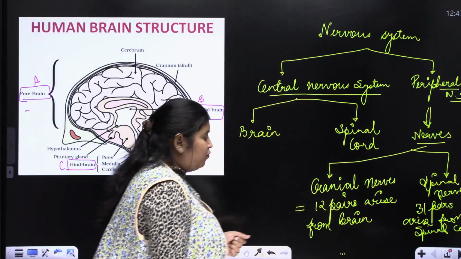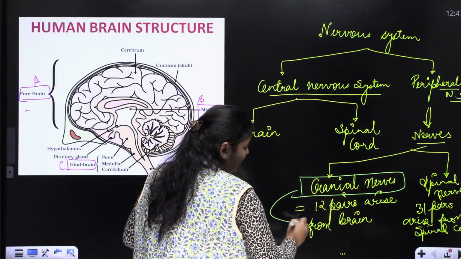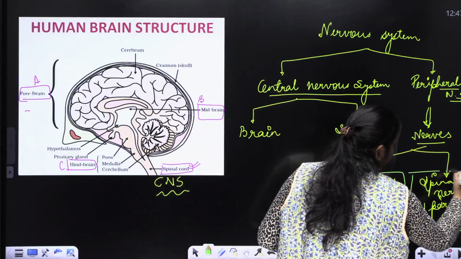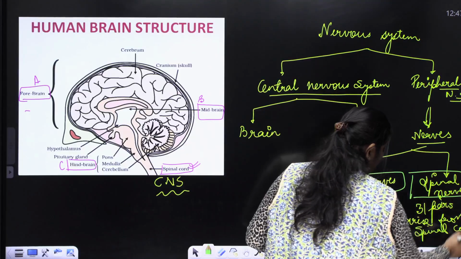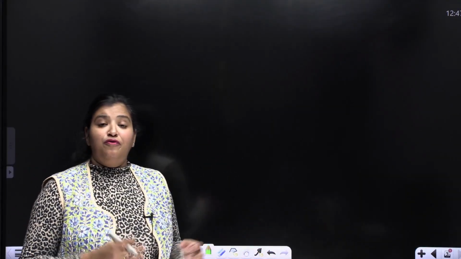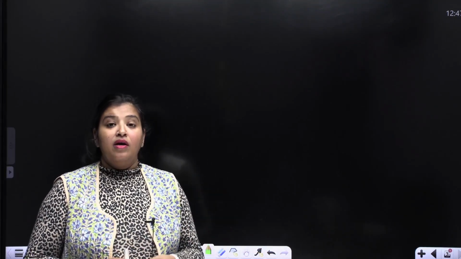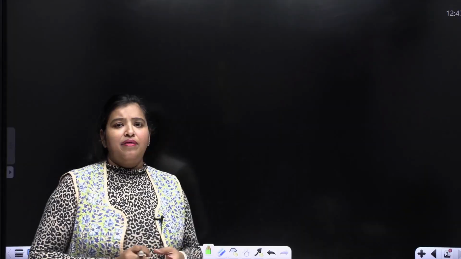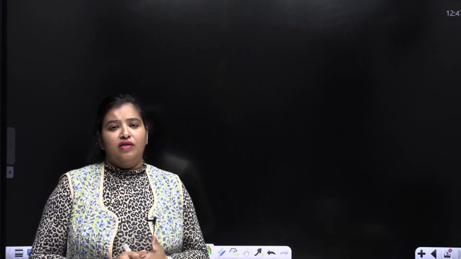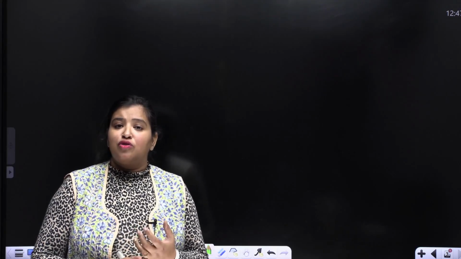Now, I have already told you the words cranial nerves, the nerves which arise from the brain, and the spinal nerves which arise from the spinal cord, because these help in carrying messages from one part of the brain to the other and to the body. Now, when I explained the components of the reflex arc, I told you about the sensory neurons and the motor neurons.